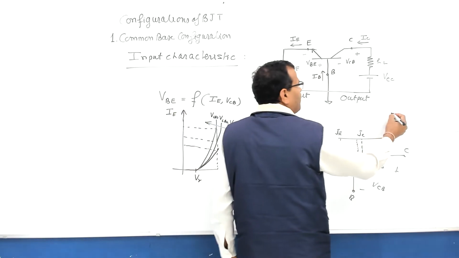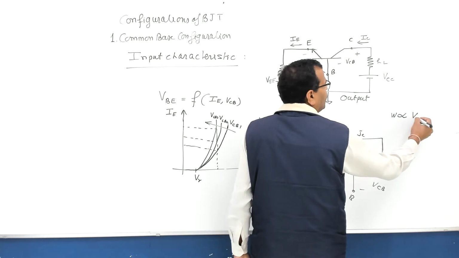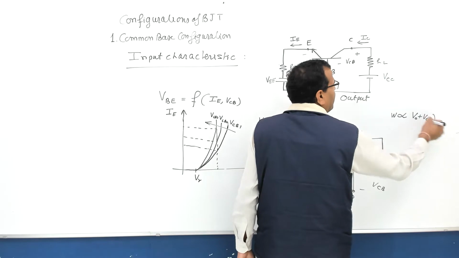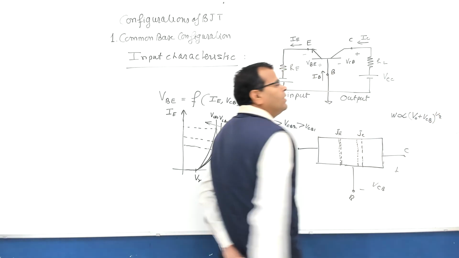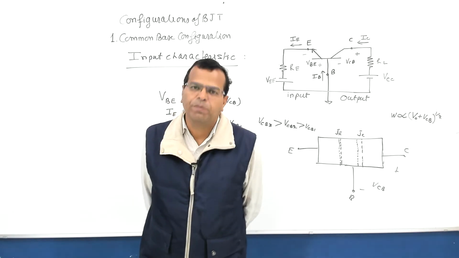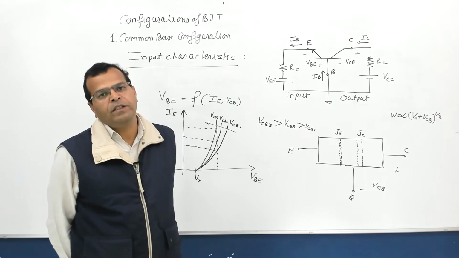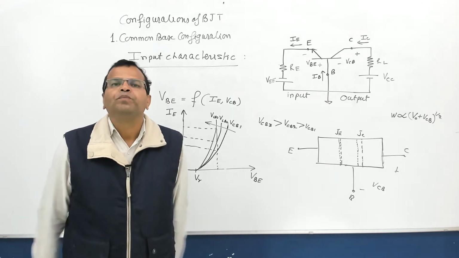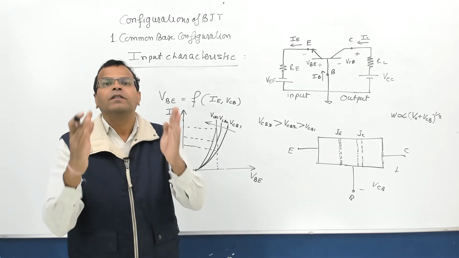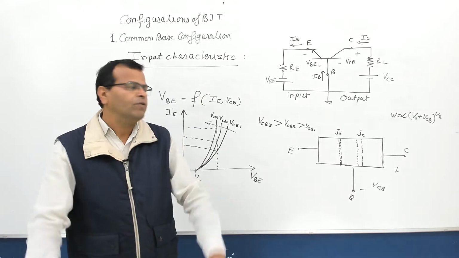If you remember, the width of the depletion layer is directly proportional to (V0 + VCB)^(1/2). The width of the depletion layer is directly proportional to the root of the reverse biasing voltage. This is what we have seen in the case of a PN junction diode. When a PN junction diode is reverse biased, the width of the depletion layer increases with an increase in reverse biasing voltage.